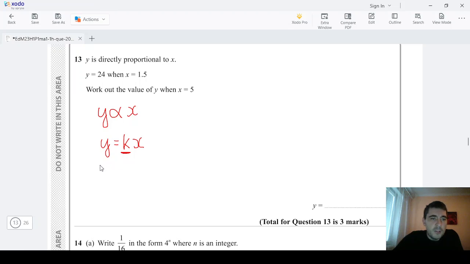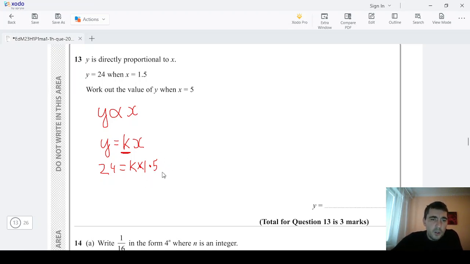So y is equal to 24 when x multiplied by k is 24. So k must be multiplied by the value of x, which is 1.5. Just put the multiplication sign, which everyone can understand.